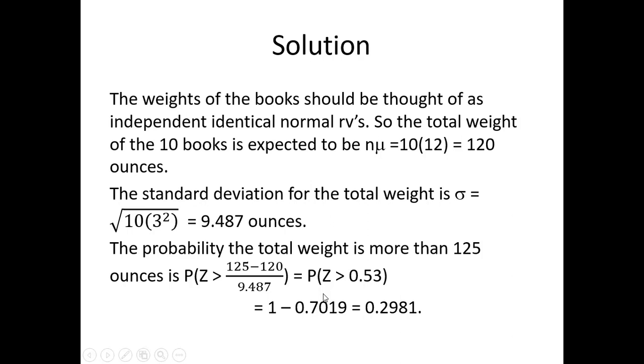So we could use complements and look up the probability Z is less than 0.53 to get this number. But since we use the complement, it's 1 minus this number, so we get a probability of 0.2981.